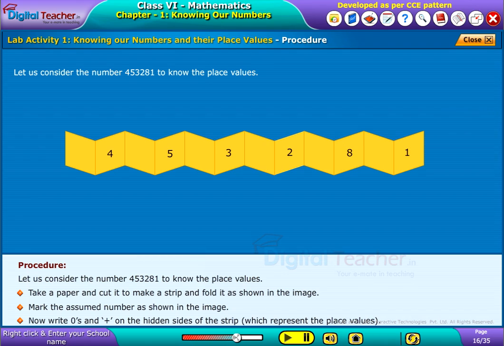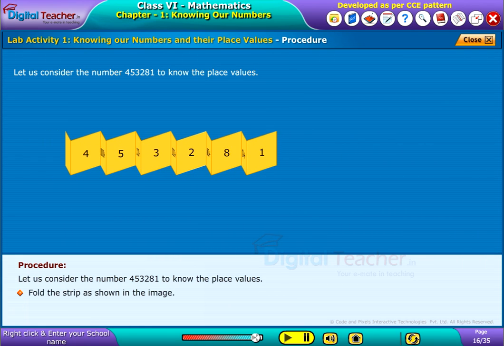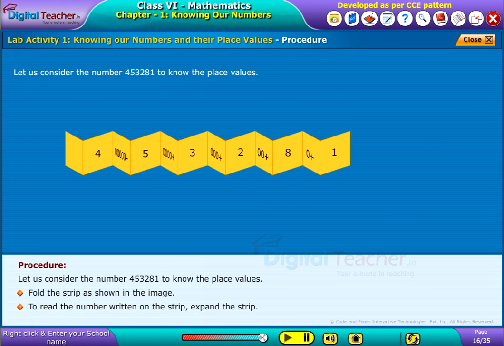Now write zeros and plus on the hidden sides of the strip, which represent the place values. Fold the strip as shown in the image. To read the number written on the strip, expand the strip.